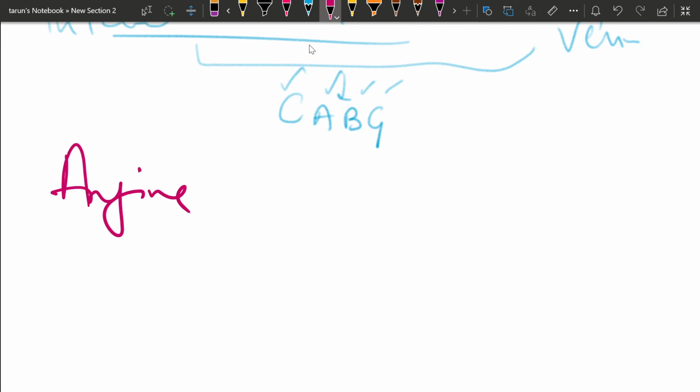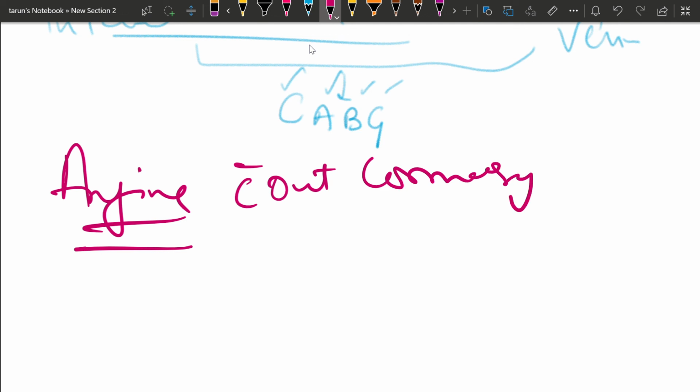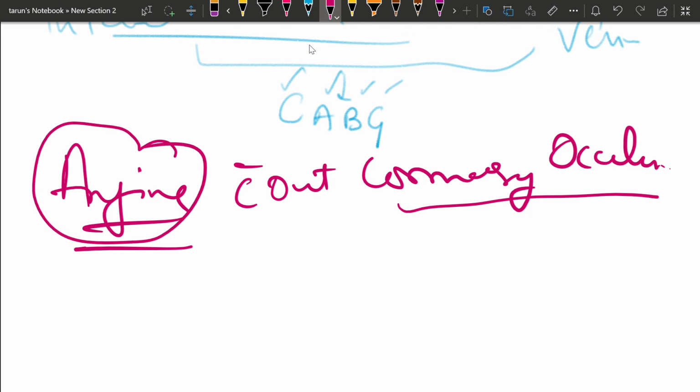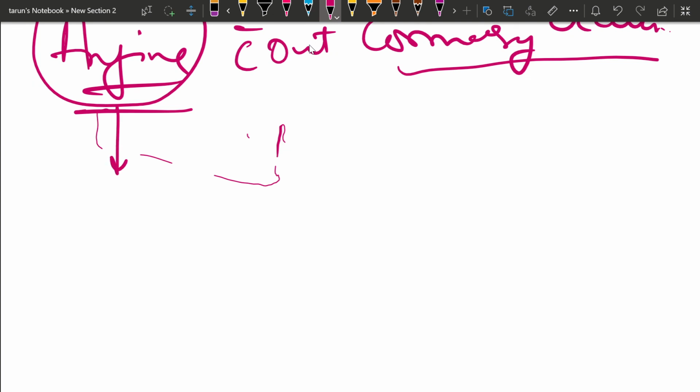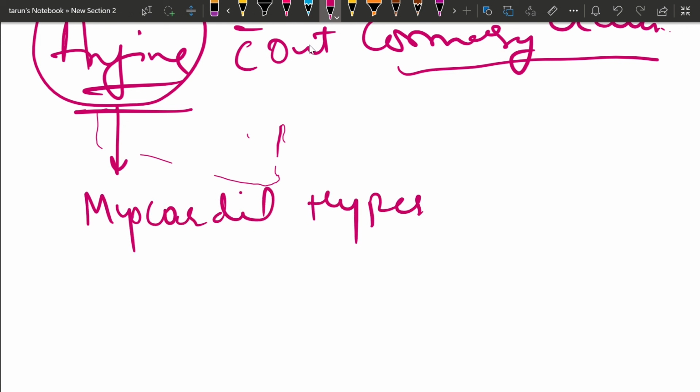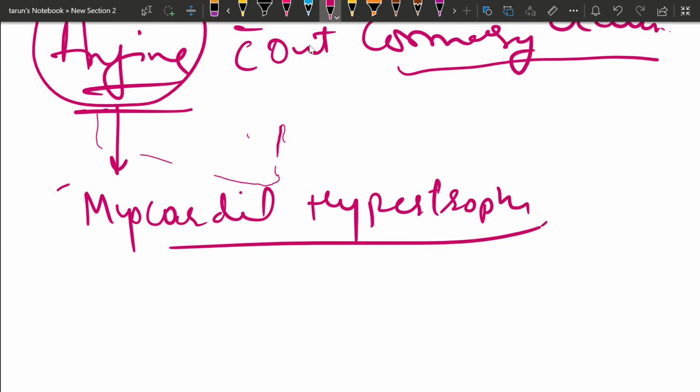If the patient has angina but there is no blockage in the coronary, without coronary occlusion, coronary is normal, but still the patient has angina, then you should think that it may be due to severe myocardial hypertrophy.